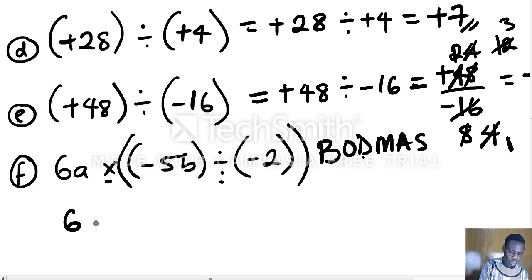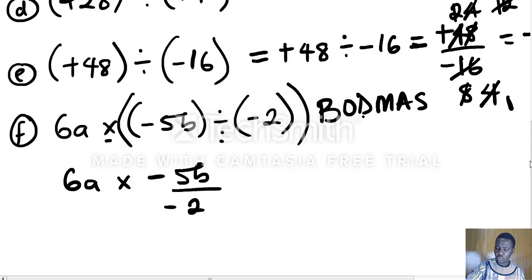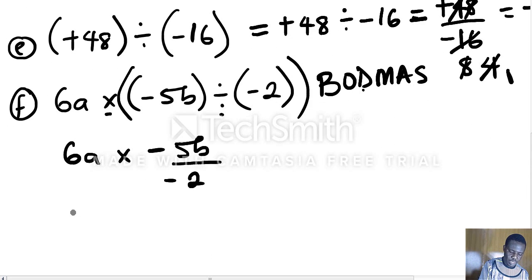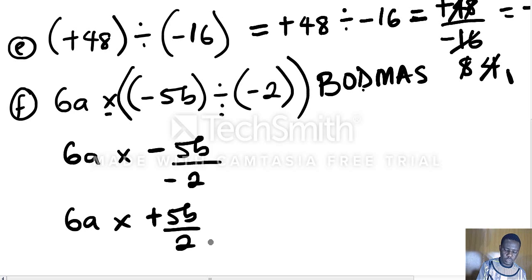So this is going to be 6a times minus 5b divided by minus 2. So that this is going to give me minus divided by minus, which is going to be positive. So I may decide not to show the sign, or I may decide to write positive 5b over 2.